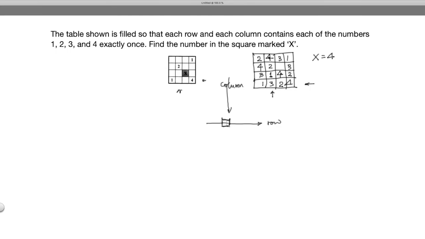And you know the number here is not going to be in the set of all the numbers known, both in the column and in the row. So for example, this number cannot be in the set of 1, 4, and 2, which leaves this number a 3 immediately. And that is also true for this square as well.